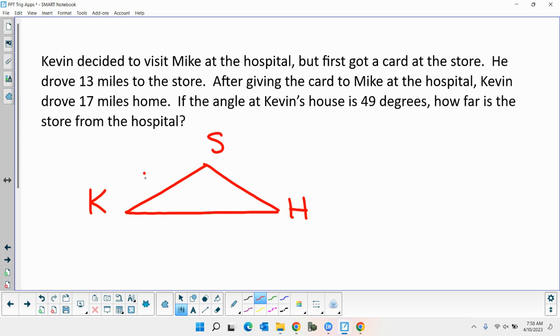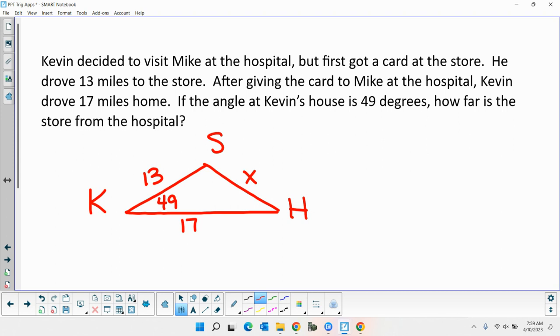He drove 13 miles to the store. After giving Mike the card at the hospital, he drove 17 miles home. There's the hospital back to his house. And the angle at Kevin's house is 49 degrees. How far is the store from the hospital?